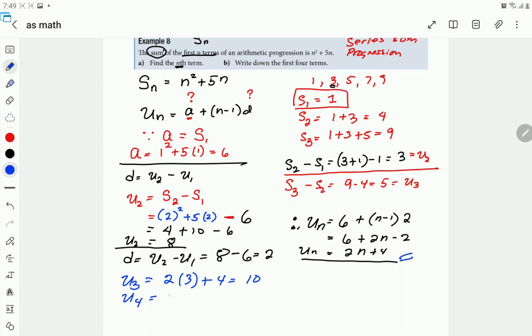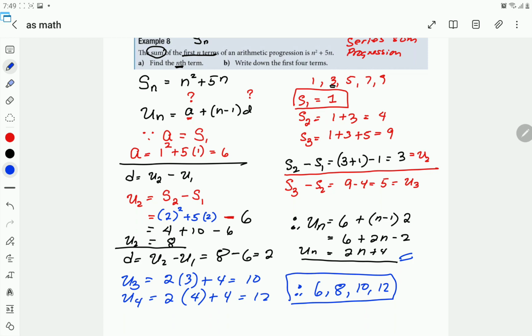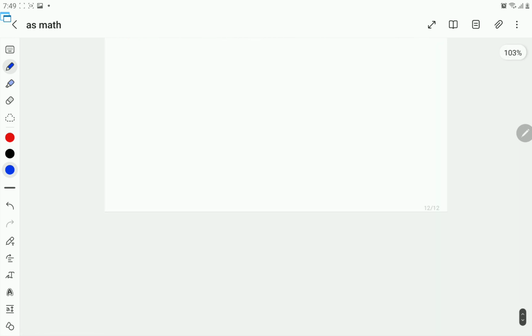U sub 4 equals 2 times 4 plus 4, which is equal to 12. So the first 4 terms, because it says write down, will be 6, 8, 10, 12. Hopefully my discussion is clear.